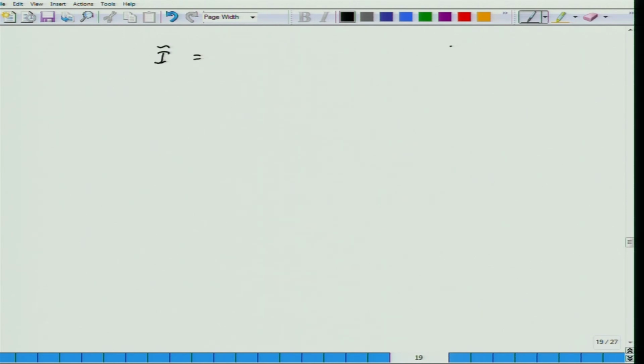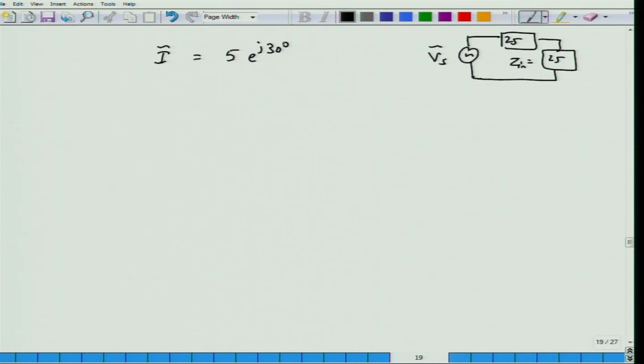The equivalent circuit is that this is the source, this is the 25 ohm internal impedance, and this is the 25 ohm equivalent impedance of the transmission line circuit. The current phasor will clearly be 5 e power j 30 amperes.